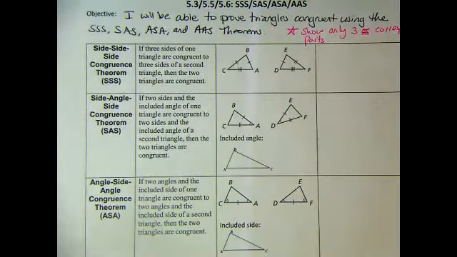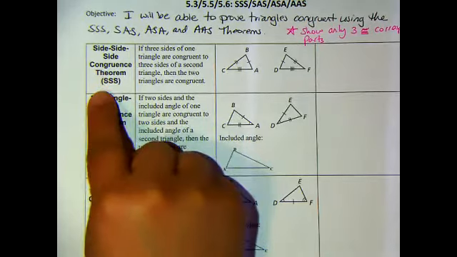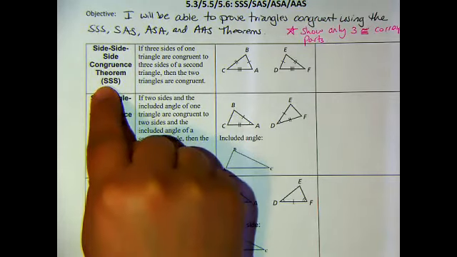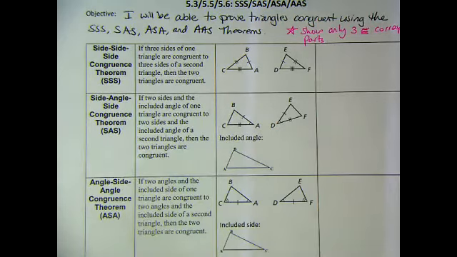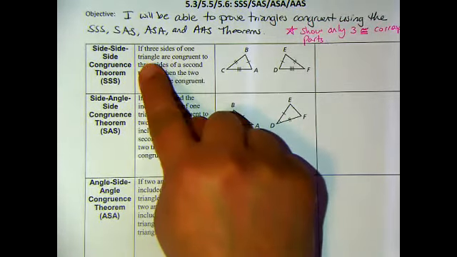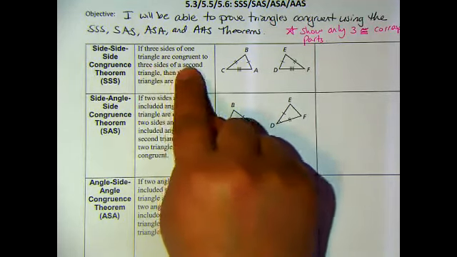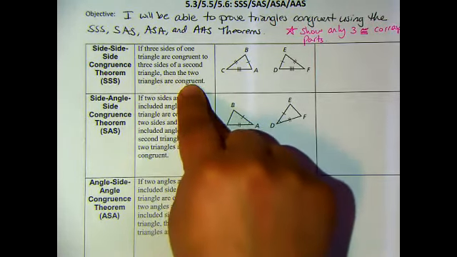The simplest of the theorems is the side-side-side congruence theorem, also known as SSS. So S stands for sides, A's stand for angles, okay? So the SSS congruence theorem is the side. Now the theorem tells us exactly what we need to show. If I have three sides of one triangle and they're congruent to the three sides of the second triangle, then the two triangles are congruent, okay?